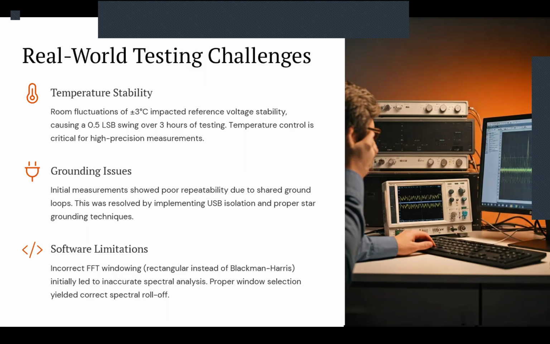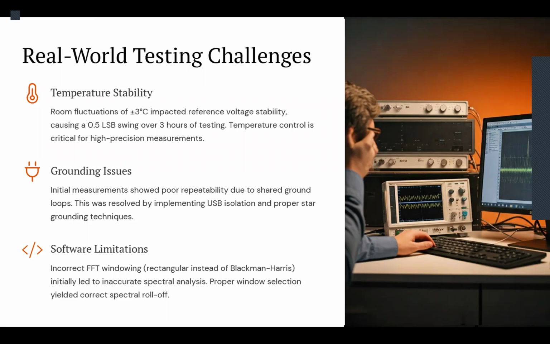The third real-world challenge is software configuration, particularly FFT-based testing. A common mistake is selecting the wrong window function for spectral analysis. For example, in the case study, a rectangular window was used, which may cause spectral leakage.